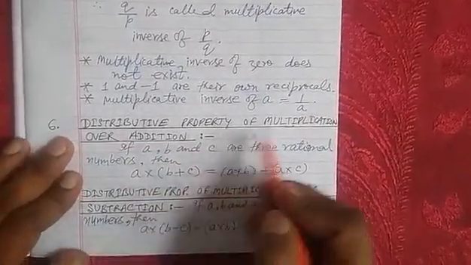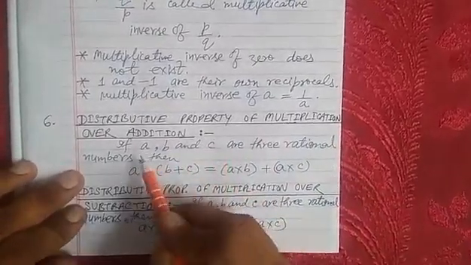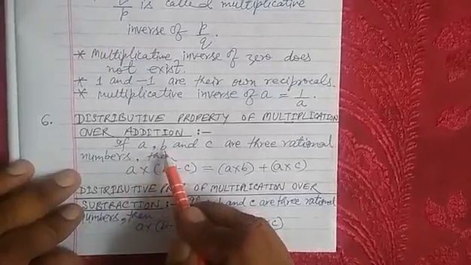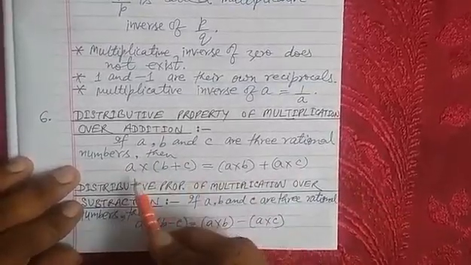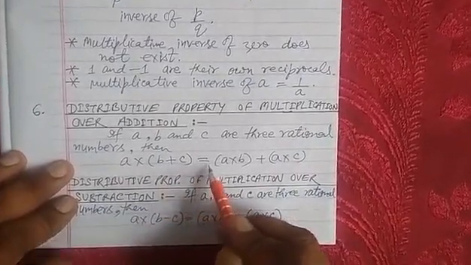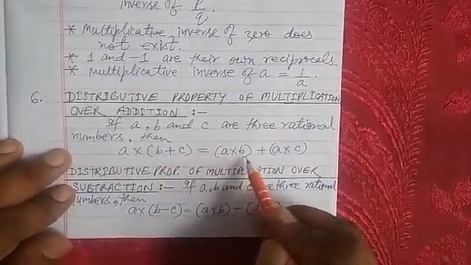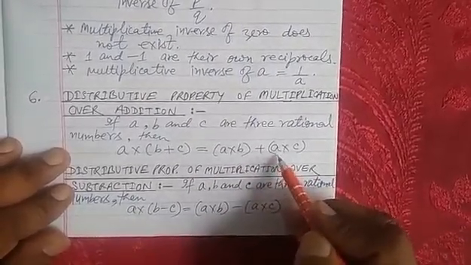distributive property of multiplication over addition. If A, B and C are three rational numbers, then A into (B plus C) is equal to (A into B) plus (A into C).